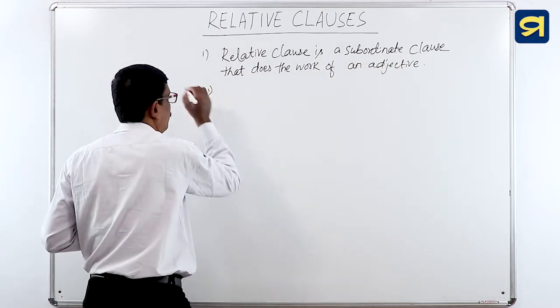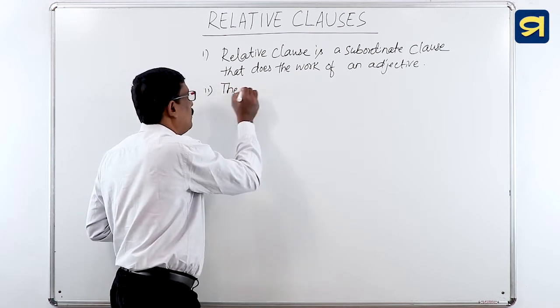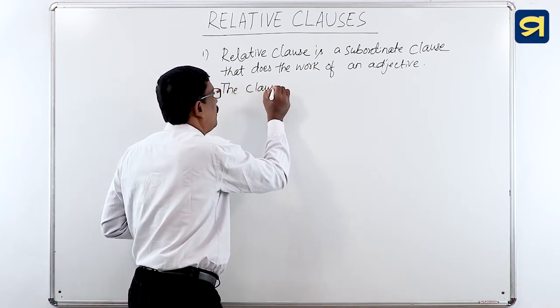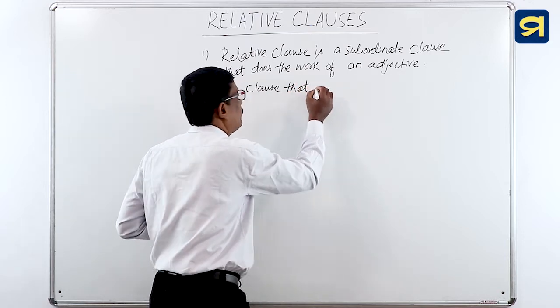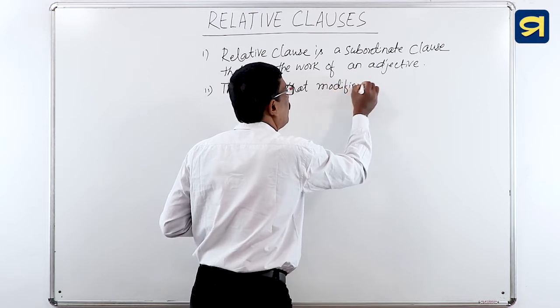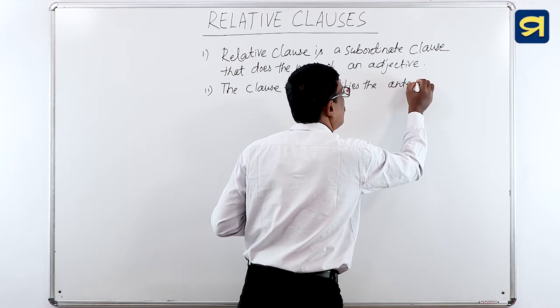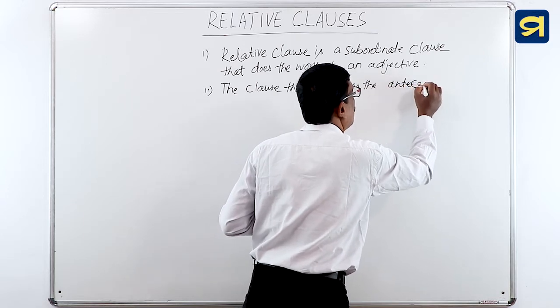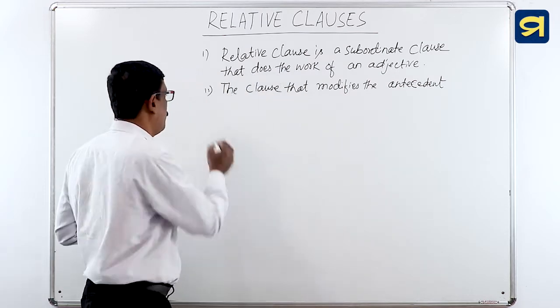Number 2, the clause that modifies the antecedent is also called a relative clause.